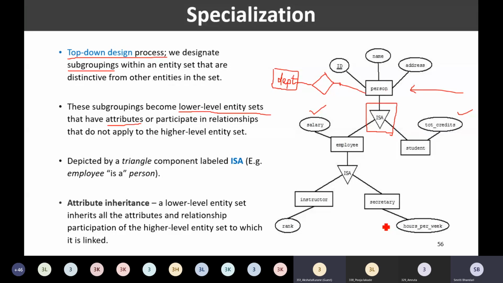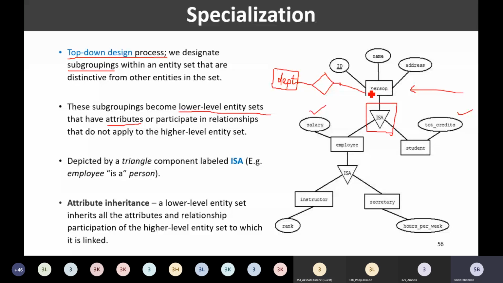For example, here secretary is an entity which is inherited from the employee, and employee is another entity which is inherited from the person. That's why secretary has its own attribute, hours per week, has the attribute of employee, salary, and also has the attributes of person as ID, name, and address.